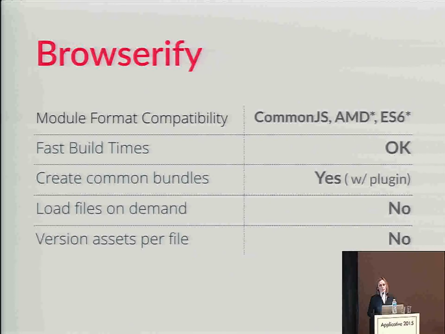Browserify has a lot of plugins; you're going to spend a lot of time trying to find plugins. Load files on demand? No, you will have to do that yourself. There's nothing for this. Version assets per file? No. I was surprised I didn't find a plugin for it. Maybe there is one, but I didn't find it. So that's nice. Browserify seems to be the best one.